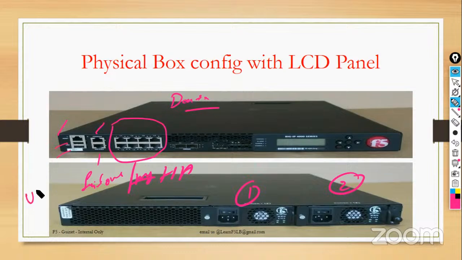So why is the USB port required? Sometimes your OS is corrupt or something and you are not able to upload the image to your box, so you can use a pen drive, right? And these are the other ports where you connect the SFP, right? And this is your LCD screen, and these are your control buttons.